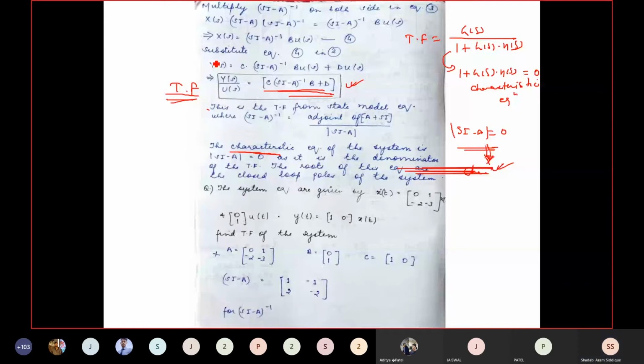The A, B, C, D matrices are the requirement in this function. So if the transfer function is asked, we indirectly find out the state model equation.